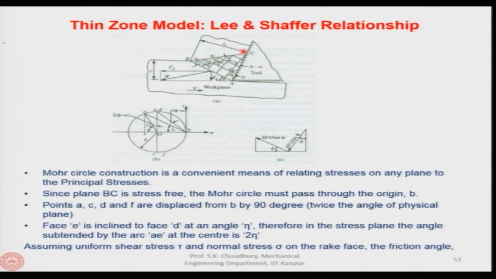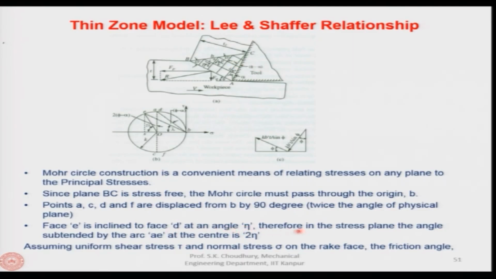Now, this is E, and this is D. D is inclined to E by an angle of phi minus alpha. You can find out that this angle is phi minus alpha, because this is the rake angle and this is the shear plane angle. Let us say this is nu, nu is equal to phi minus alpha.